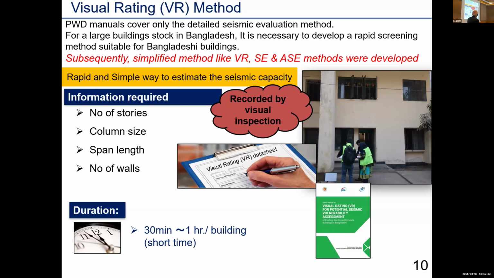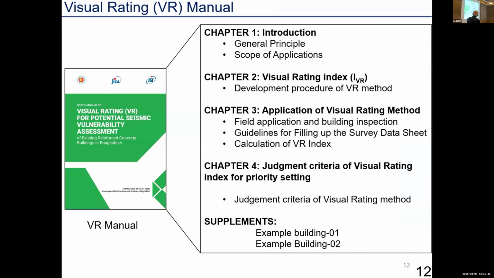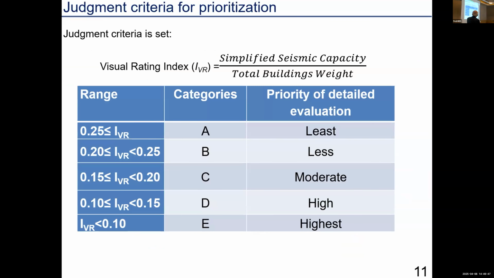By visually observing and measuring only this rudimentary information, you can assess. And these are the judgment criteria. The buildings are categorized A, B, C, D, E. A is the least priority and E is the highest priority. So if your building is found to be E, the highest priority should be given to that building.